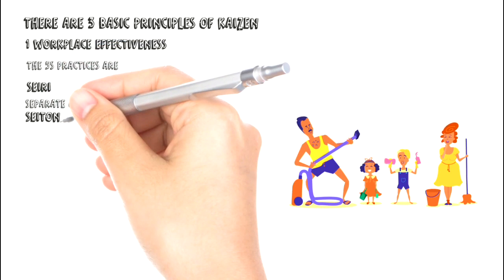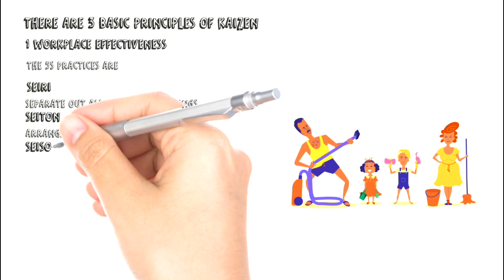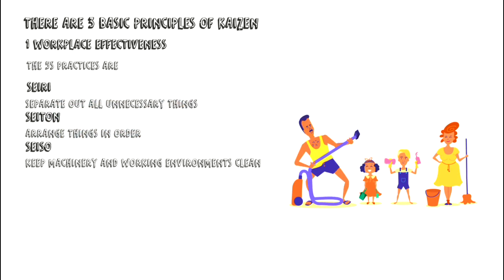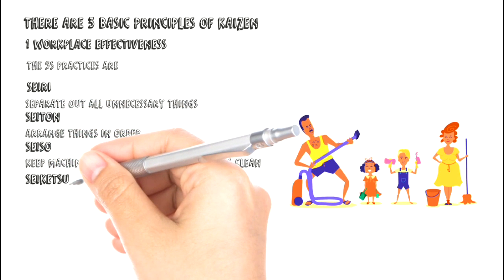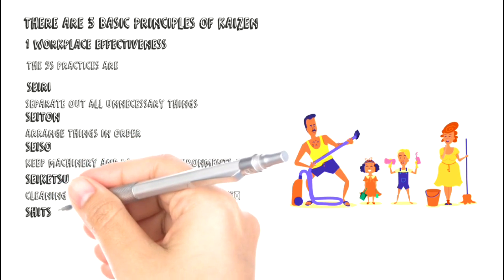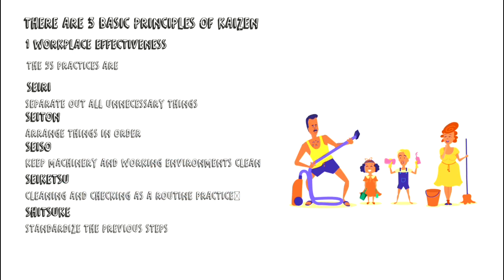Number 2, seiton, which means arrange things in order. Number 3 is seiso, which means keep machinery and working environments clean. Number 4 is seiketsu, which means cleaning and checking as a routine practice. And number 5, shitsuke, which means standardize the previous steps.